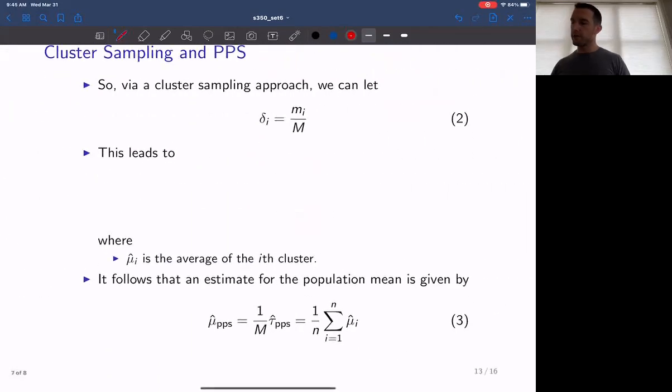Okay, so in cluster sampling, we can let the delta i within our estimator be equal to little m_i over capital M, where again, capital M is the total number of elements in the population, and little m_i is the number of elements in each sample.